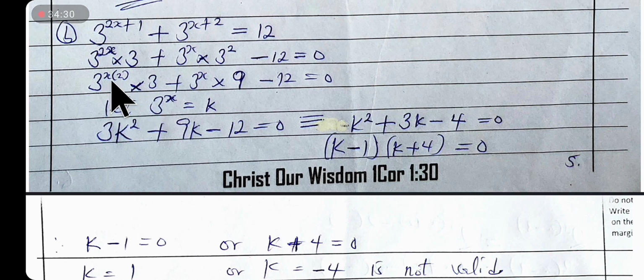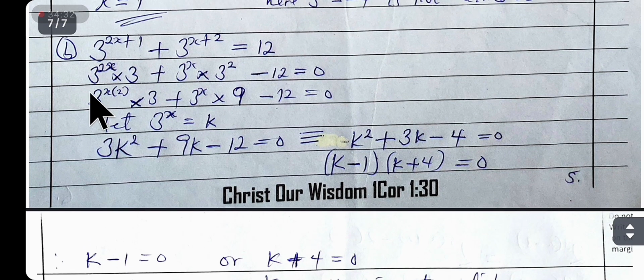So therefore, if you look at this place very well, you discover that you have 3 raised to power x in bracket of 2. This side, we re-express it again, because 2 times x will still give us this 2x. So times 3 plus 3 raised to power x times 3 raised to power 2, which is 9. So minus 12 equals to 0.